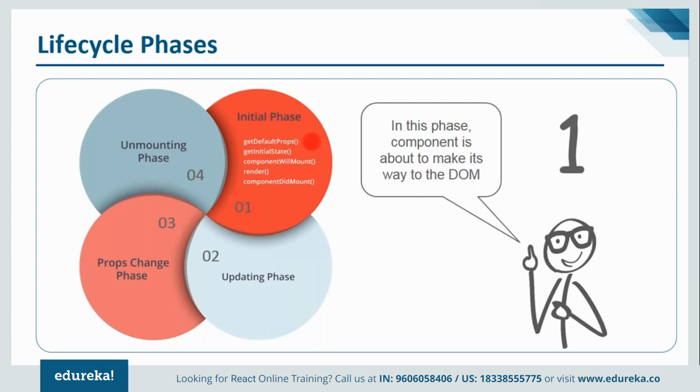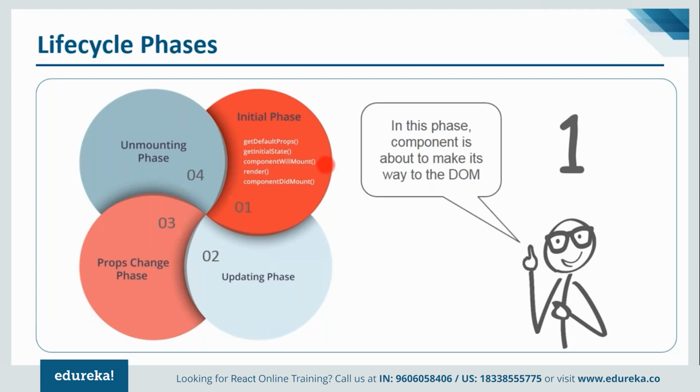It gets called before your component is even created or any props from the parent are passed on. All right. And then we have another method which is getInitialState, and the getInitialState method allows you to specify the default value of this.state before your component is created, just like getDefaultProps. But this too gets called before your component is created.